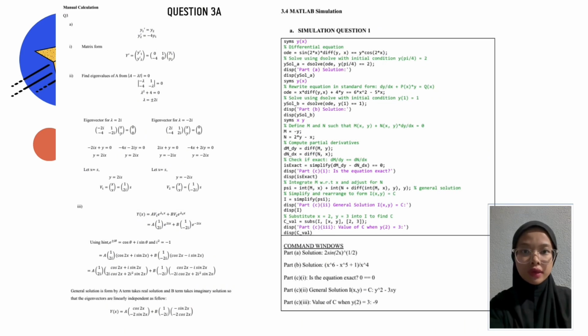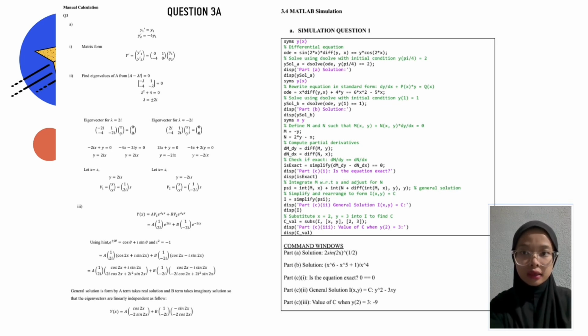For question 3a, we were given a homogeneous second-order system. Using manual calculation, we first convert the system into matrix form and find the eigenvalues, and then derive the solution using Euler's identity. This process involved more theoretical understanding, especially in handling imaginary eigenvalues and transforming them into real-valued solutions using sine and cosine.